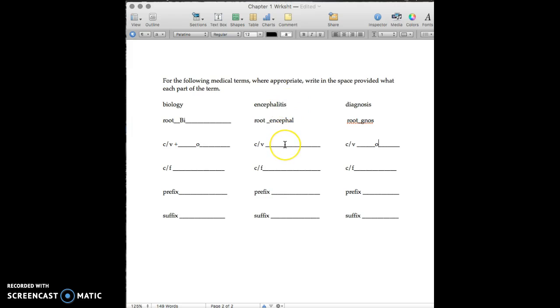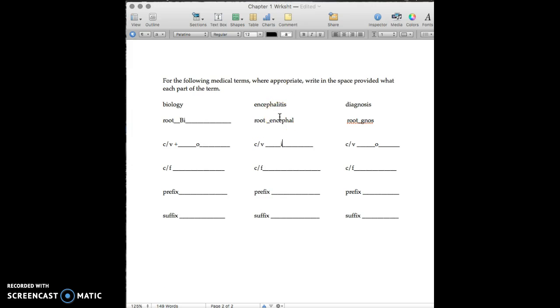You remember that? The rule is if your suffix starts with an I, like encephalitis, the suffix is itis, you drop your usual combining vowel and just use the vowel that starts the suffix. So in this case, the combining vowel would be the I of itis.